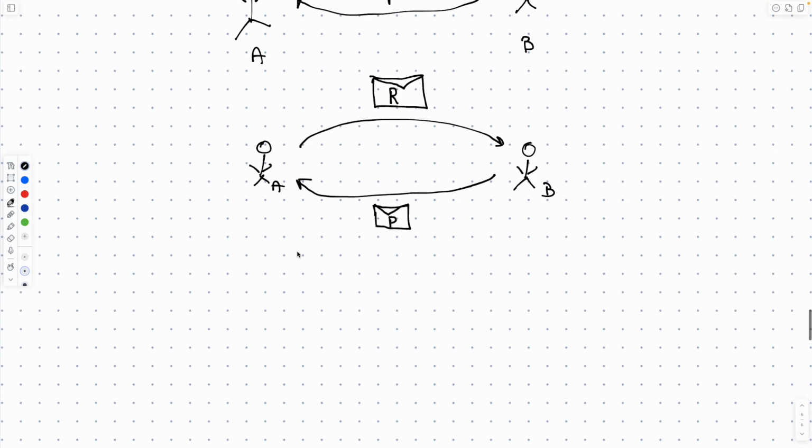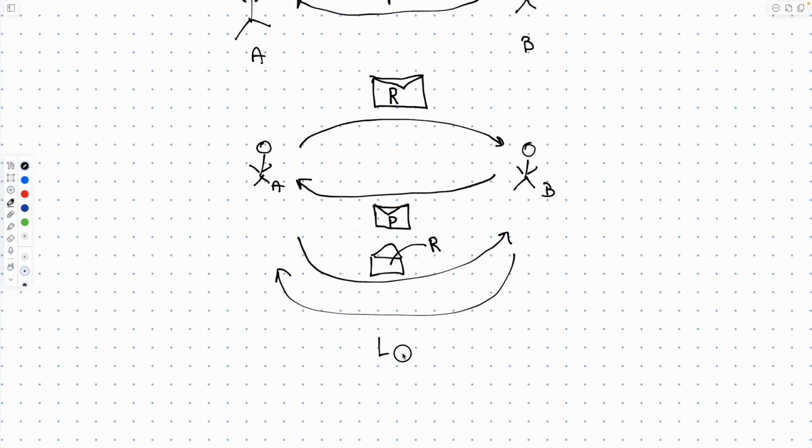So then we can open the envelopes in any order. And now we can decide who won the game, and there are no fairness considerations anymore.